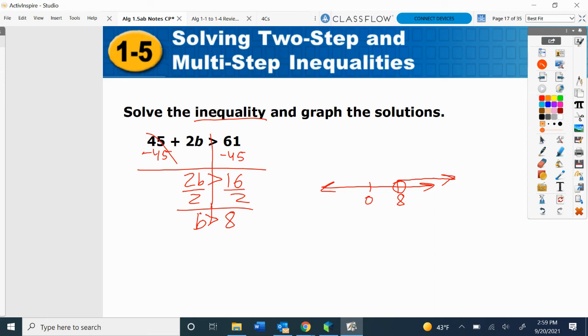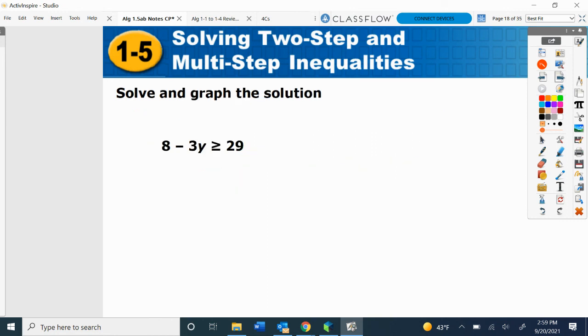Let's try some other two-step equations. Let's take a look at this one. Our first step would be to cancel out this positive 8, so we go minus 8. When we do that, the 8 cancels off, and we're left with negative 3y is greater than or equal to 21. So there's step 1, just like a regular equation.